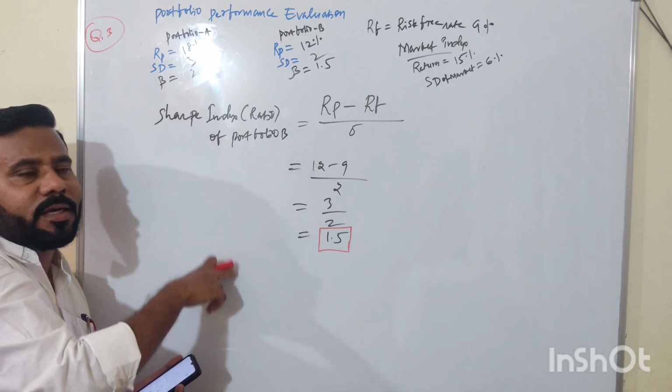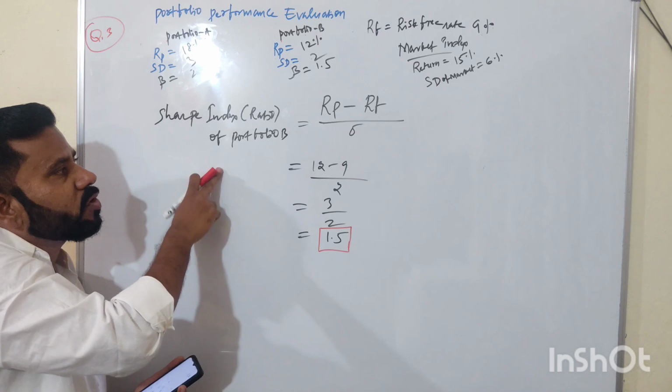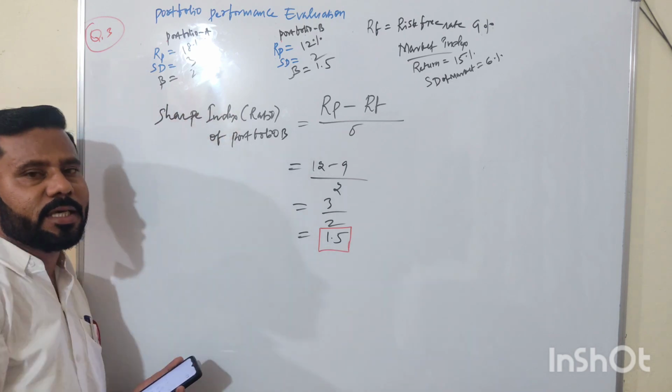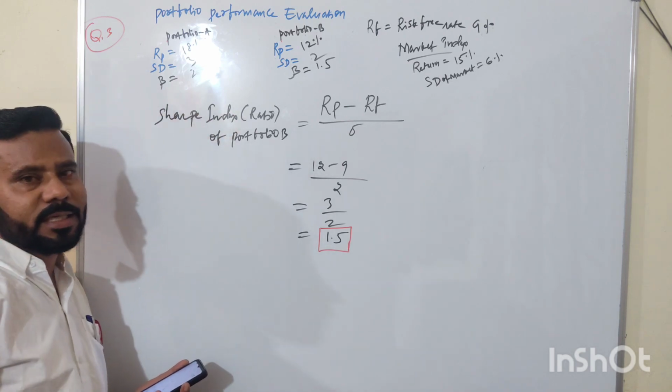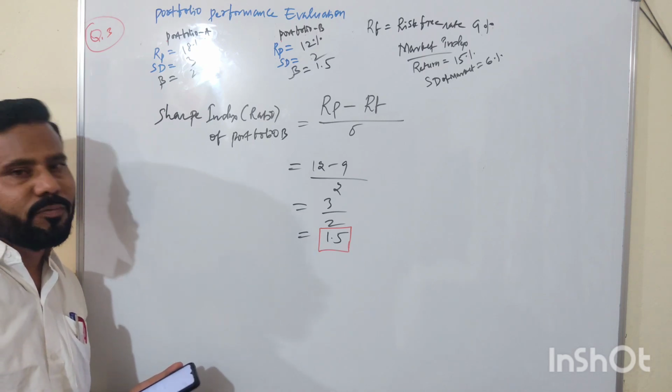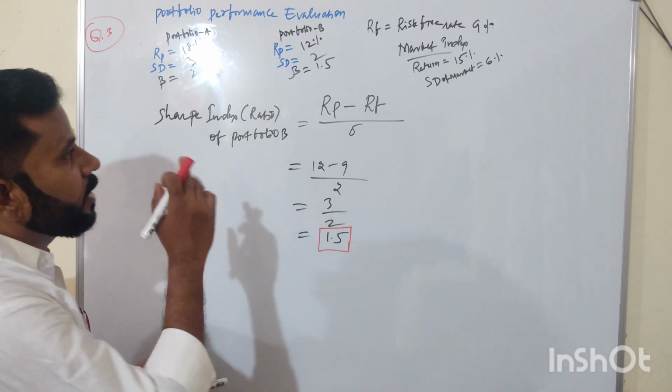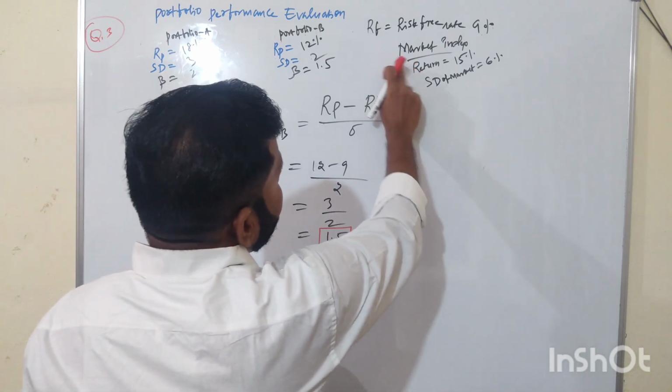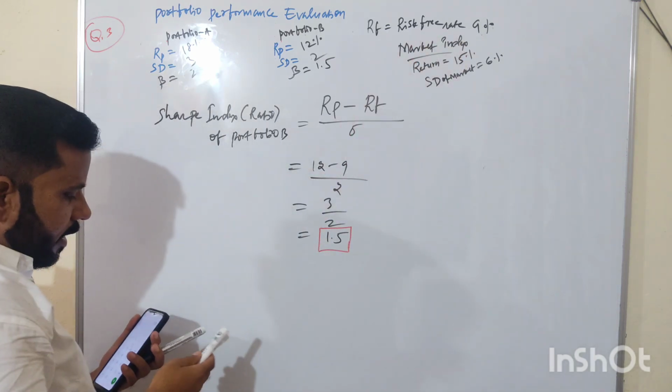So when the Sharpe ratio of portfolio A is higher, it is definitely considered the best, a better performing portfolio. Okay, and let's calculate this too, because the market index is given.